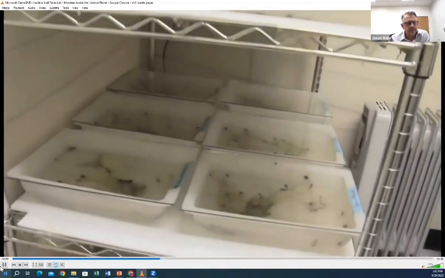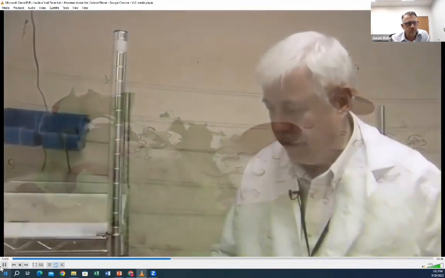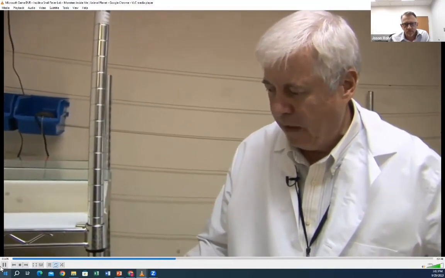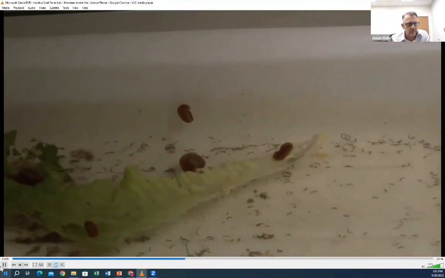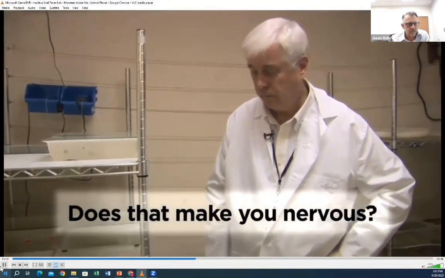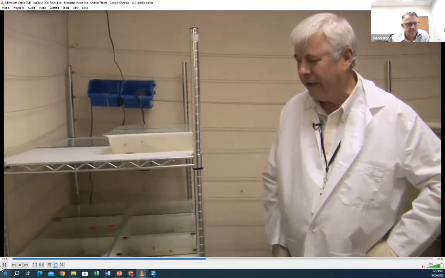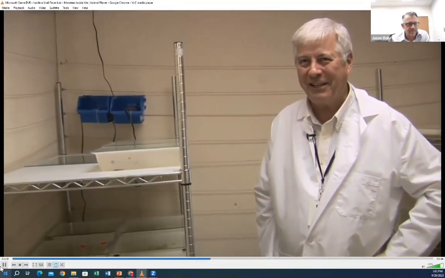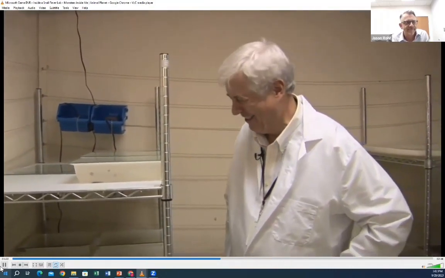To provide those samples, they raise the parasites through the multiple stages of their lives. They start by infecting snails just as the parasites do in the wild. These are infected with the parasite. The parasite will mature in the snail at this temperature in about 4 weeks. I kind of know what I'm up against. After all these years, I get used to it. After the parasites leave the snail, they look like this.